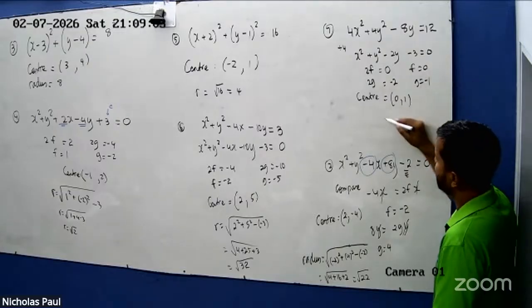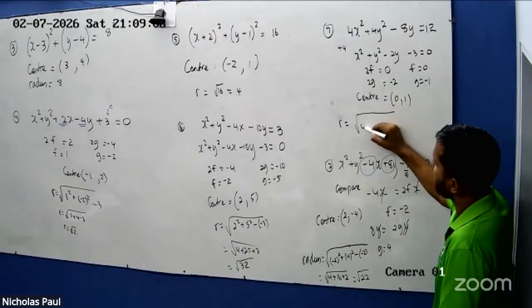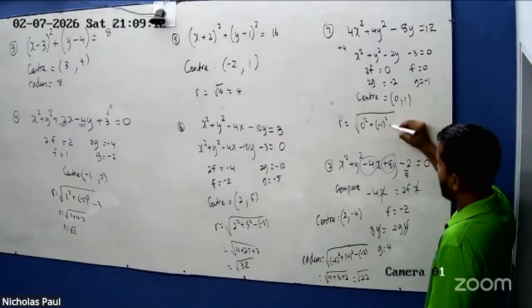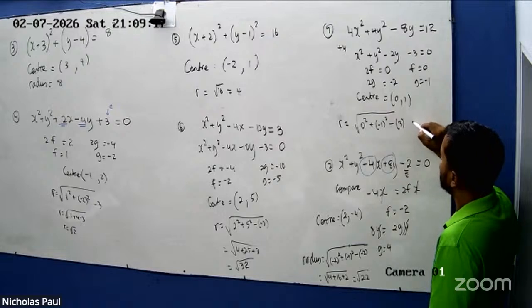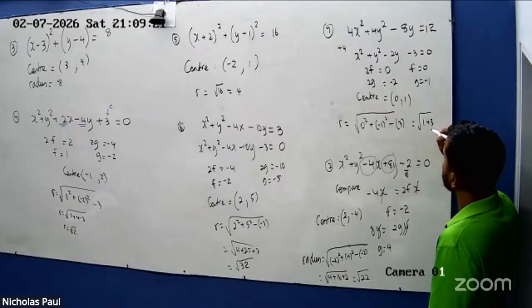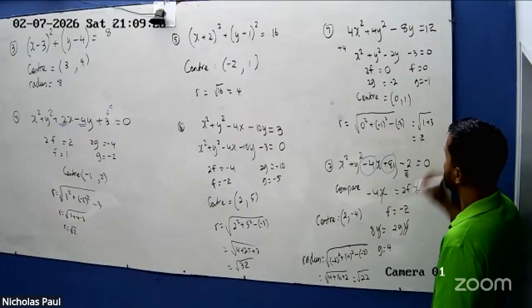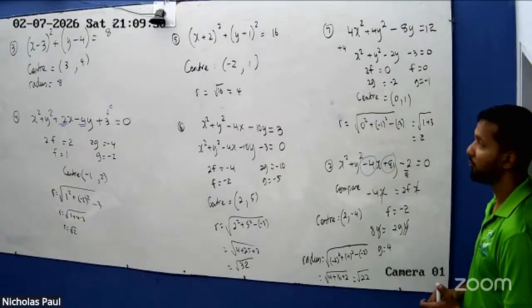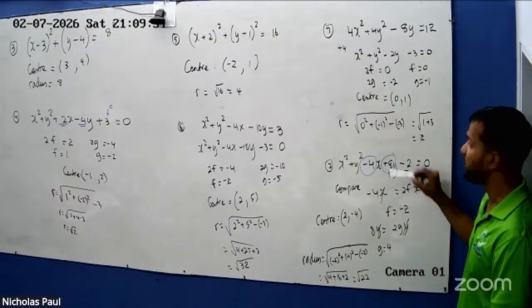And last part, radius: square root of f² plus g² minus c. So I got the square root of 1 minus 3... remember c is minus 3, so it's 1 plus 3. The answer is 2.